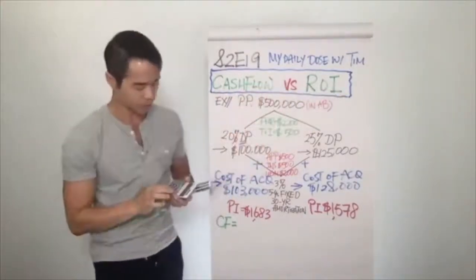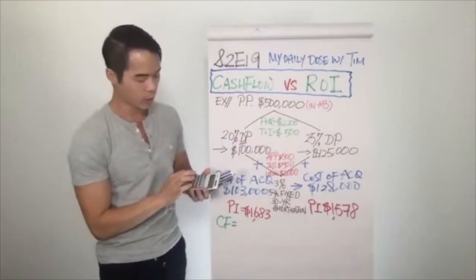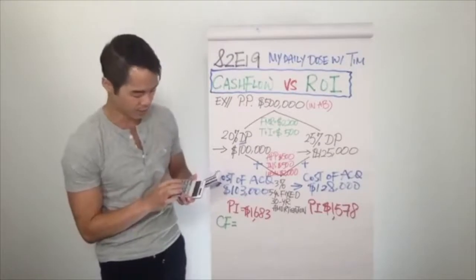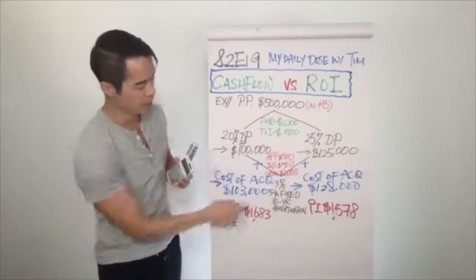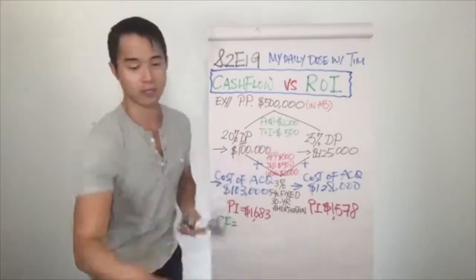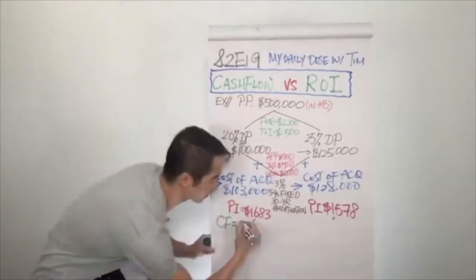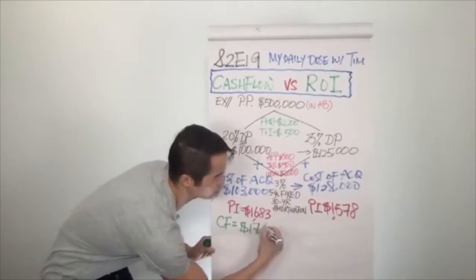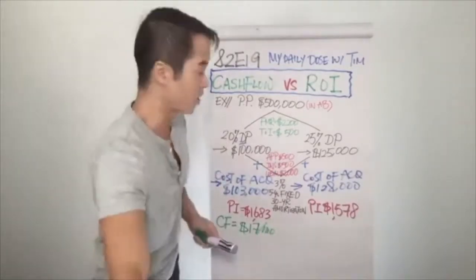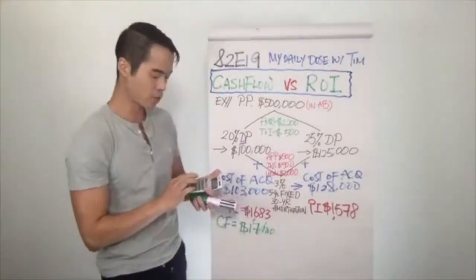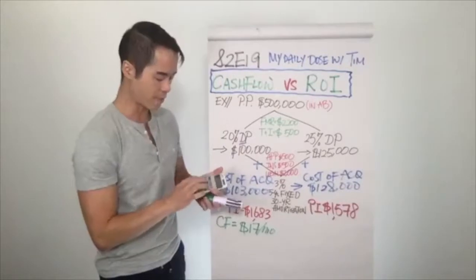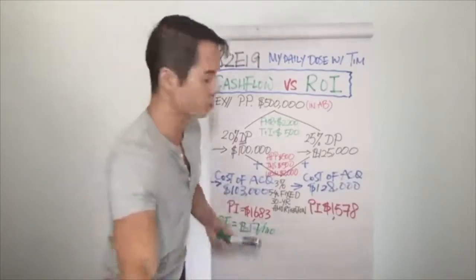And so coming back here now, 2,200 minus our PI payment, so 1683, and then minus our $500. So guess what? Whopping $17 a month in our cash flow in this case. And on the other side, we have 2,200 minus 1578, and then minus 500.